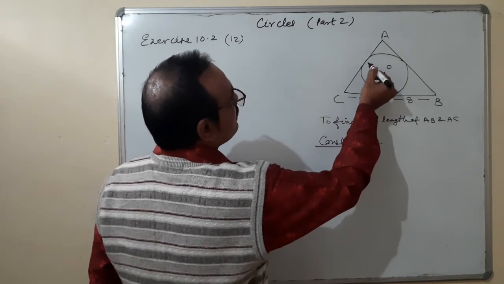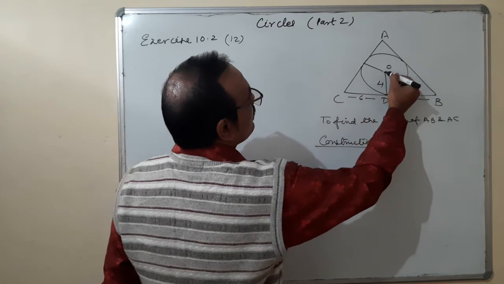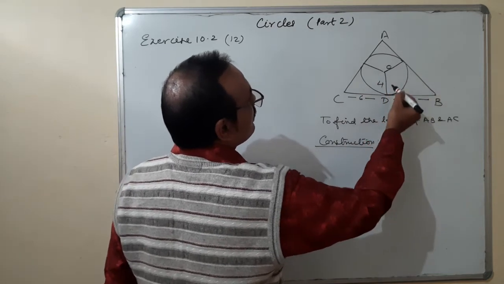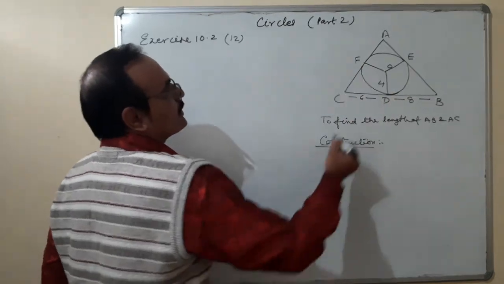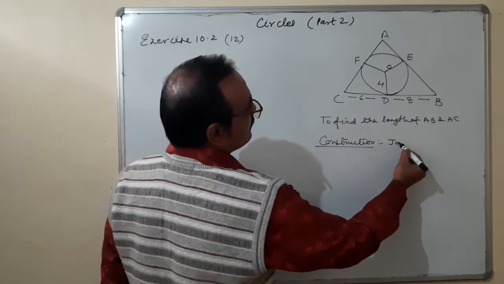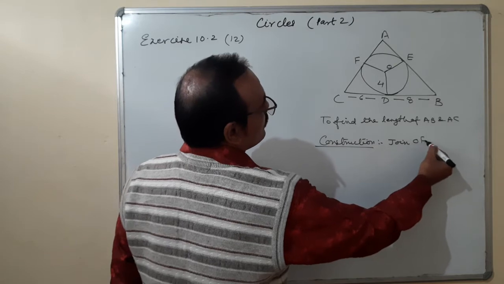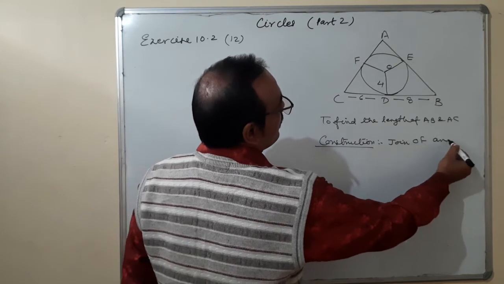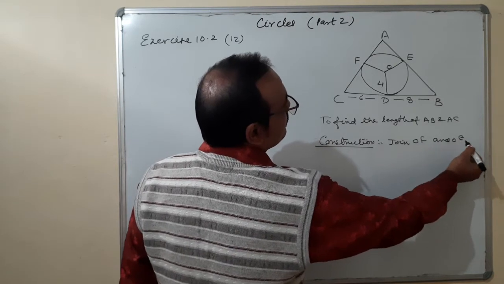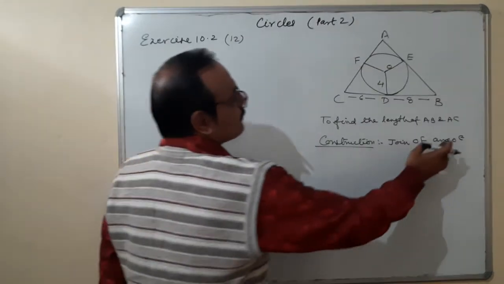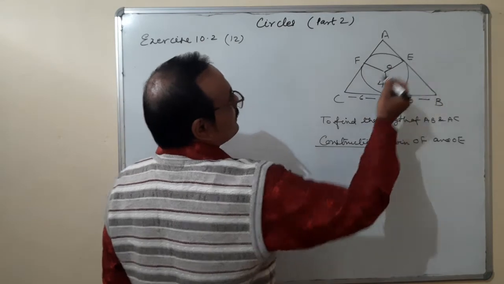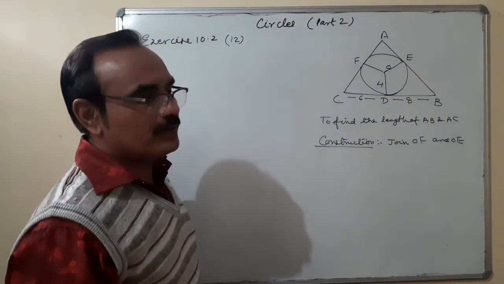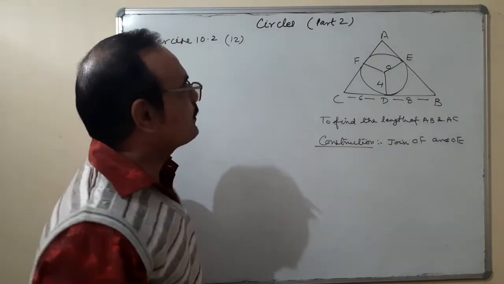Join O to F and O to E. Join OF and OE. In fact, when we join it, there will be a perpendicular making a 90-degree angle.